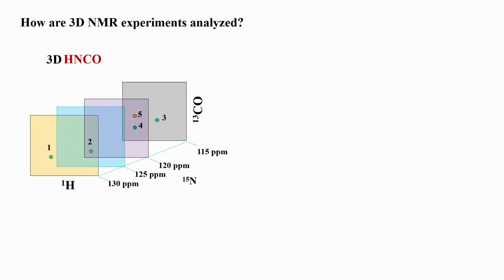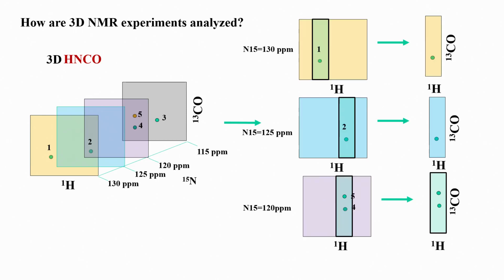So, this is going further into how we can analyze these spectra. You can see now I have rotated the spectrum, I have nitrogen on this axis, and this is the proton and carbonyl. So, if I take slices now, the slices will be along the nitrogen dimension. If you recollect, a few slides ago I showed the slices along carbonyl, where it was CO chemical shift, but now you see it has become nitrogen chemical shifts.